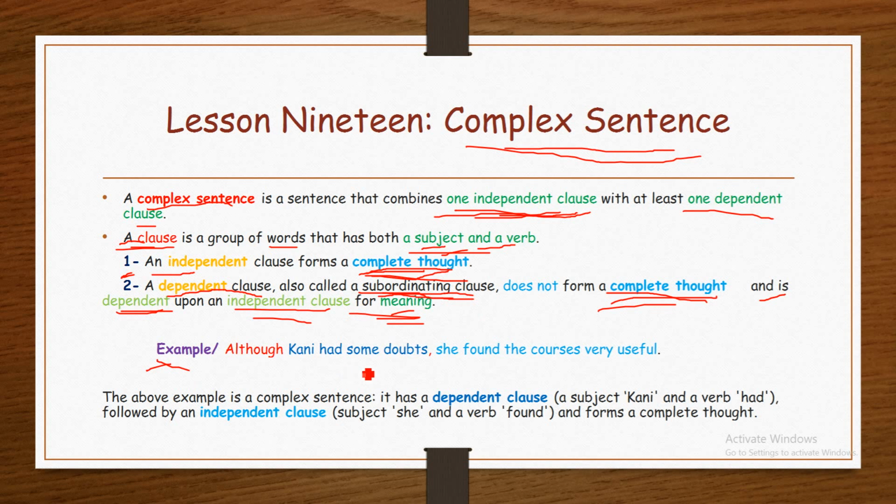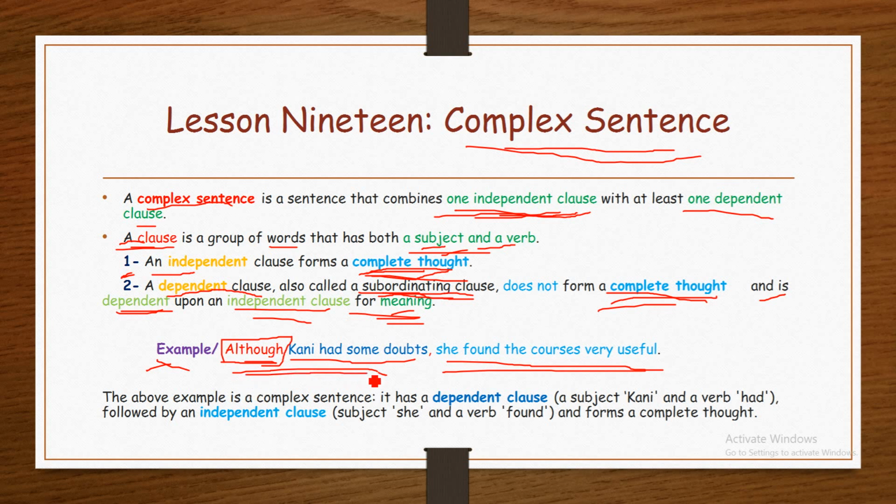Example. Although Kani had some doubts, she found the courses very useful. Although is what? It is a subordinating conjunction. Although Kani had some doubts, therefore it is a subordinating clause.